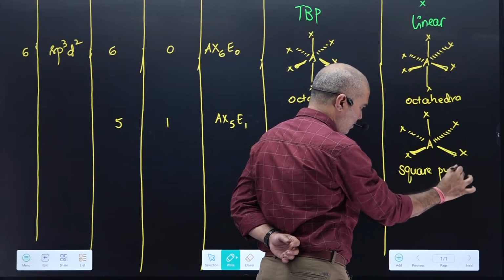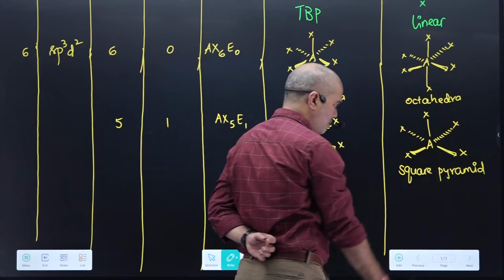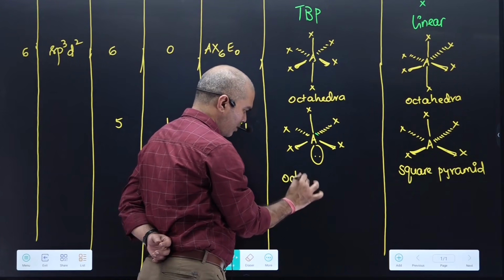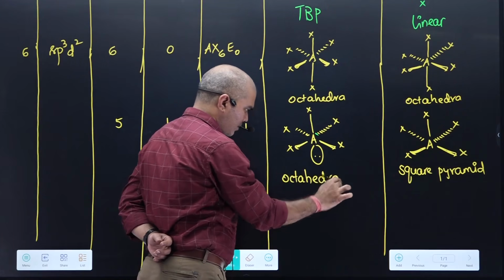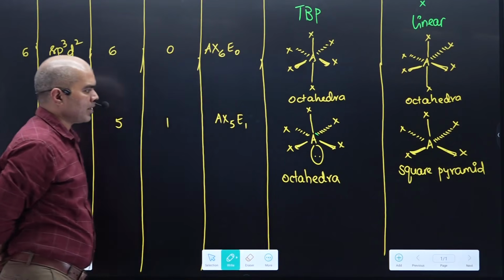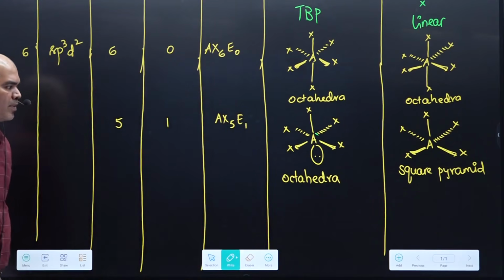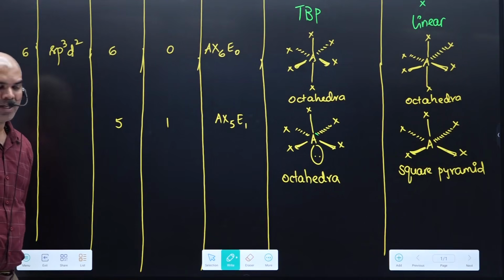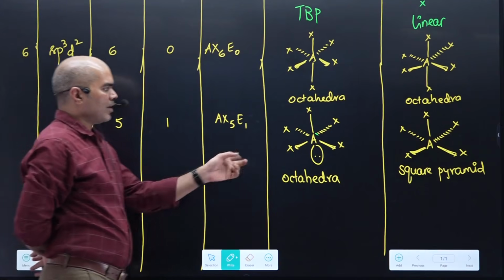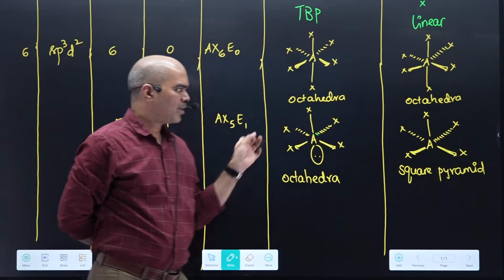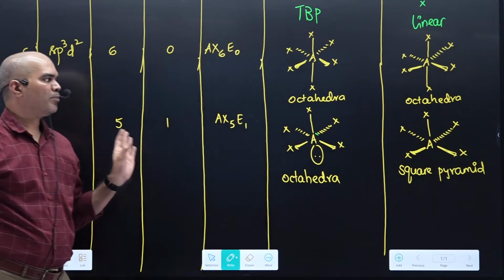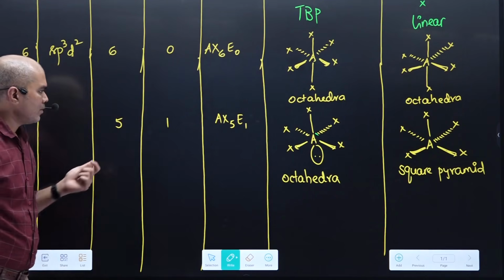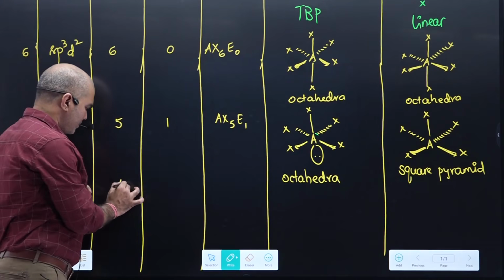Square pyramid. This is a derived geometry, not a parent geometry. Parent geometry is octahedral. Parent geometry is TBP. From TBP you have disphenoidal or seesaw, T-shape, and linear. From octahedral you get square pyramid, but directly square pyramid has no importance in VSEPR among the parent geometries. This is 5-1.